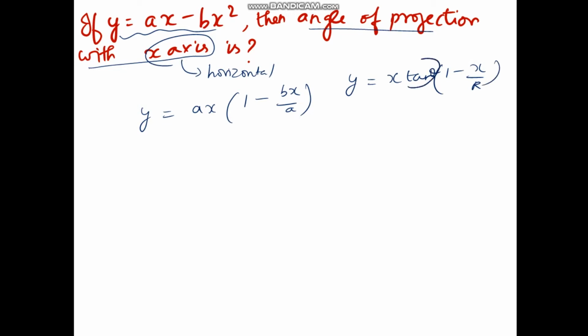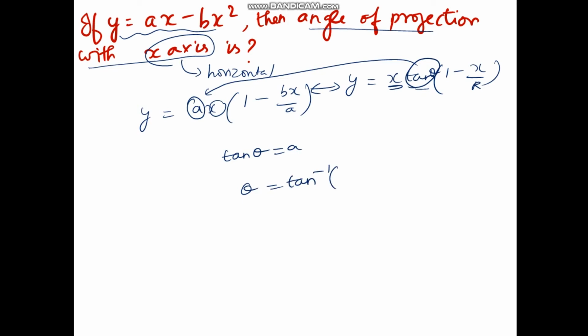This tan theta is compared with this a, and by comparing these two equations, tan theta is equal to a, because here x is there, here also x is there. Tan theta is equal to a, so theta is equal to tan inverse of a. So this is the angle of projection of the projectile with the x-axis.